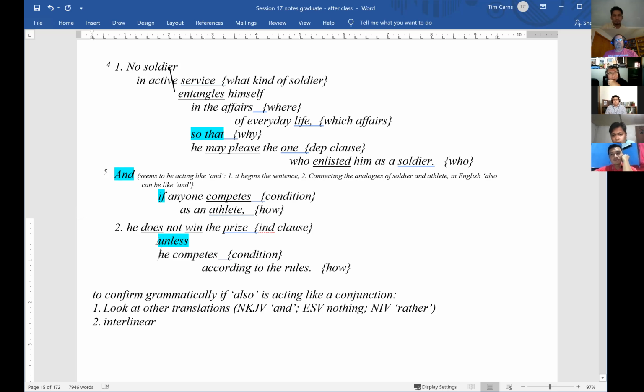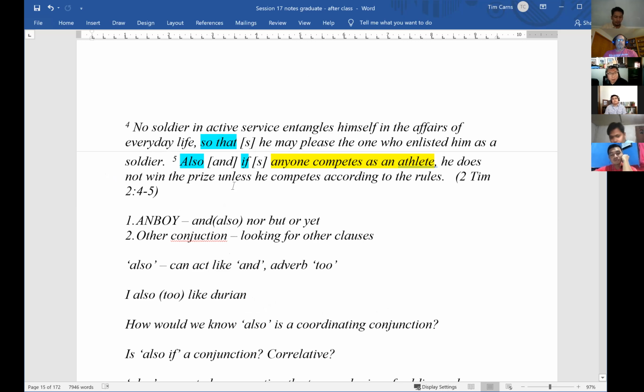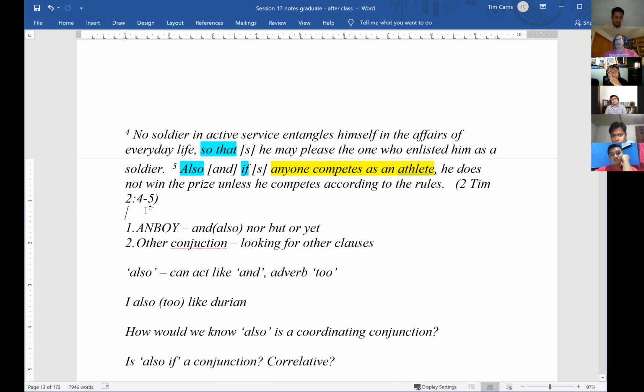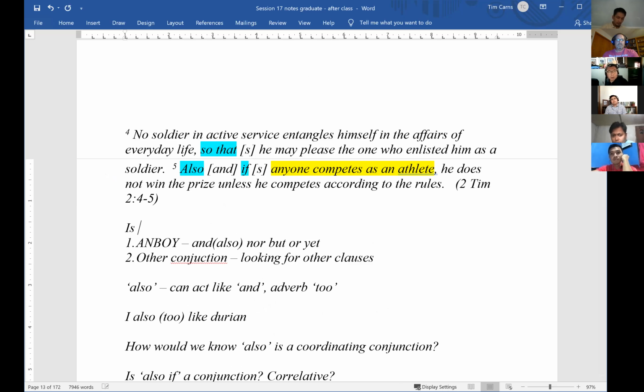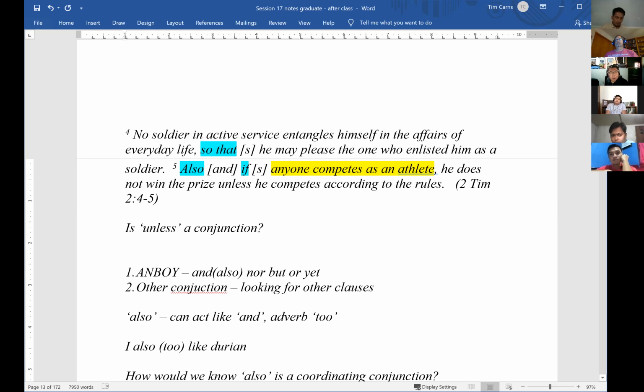Now, Athan asked, is "unless" a conjunction? He asked up here. Now, let me go back to you, Athan. How would you know? What would the process be to answer that question? Is "unless" a conjunction? What did we talk about a little earlier this morning? How would you go about trying to answer that question, Jonathan?